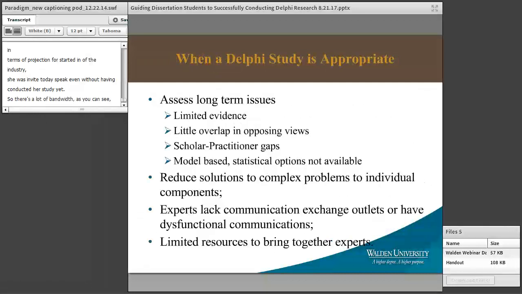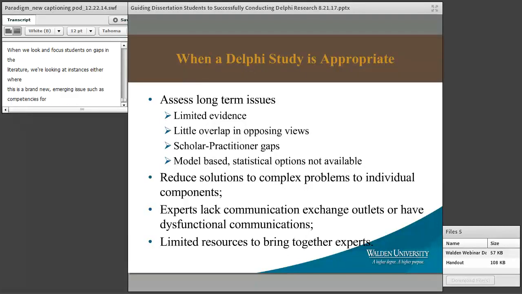Okay, so back to the question, what advantages when it's appropriate? Delphi is typically used to assess long-term issues. When we focus students on gaps in the literature, we're looking at instances either where this is a brand new emerging issue, such as competencies for Industry 4.0 for certification in the geospatial industry.